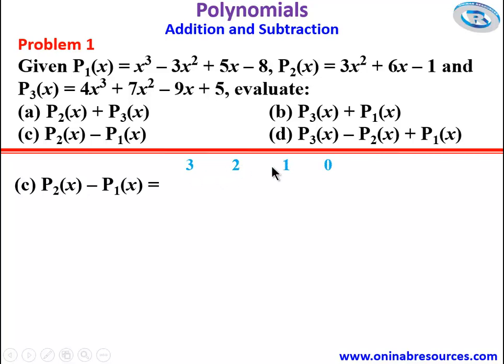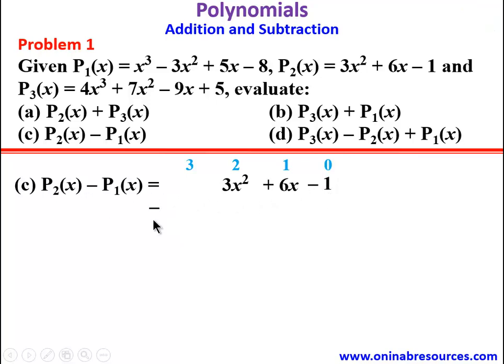So I have 3, 2, 1, 0. P2 of x minus P1 of x. So the highest degree, which is 3x squared, will come under 2. So I have 3x squared plus 6x, then minus 1. The minus 1 under 0.